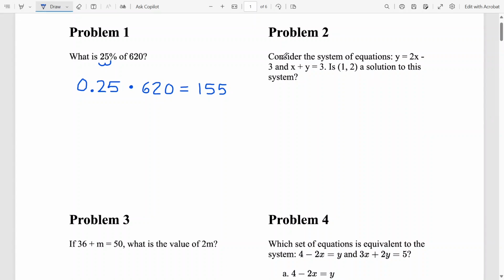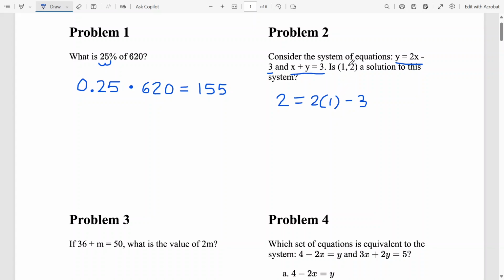Okay, so let's look at problem 2. Consider the system of equations. y equals 2x minus 3 and x plus y equals 3. Is (1, 2) a solution to the system? So we could plug in with this first equation. We could say, does 2 equal 2 times 1 minus 3? Now, if this works, we could check the second equation and see if that one works.